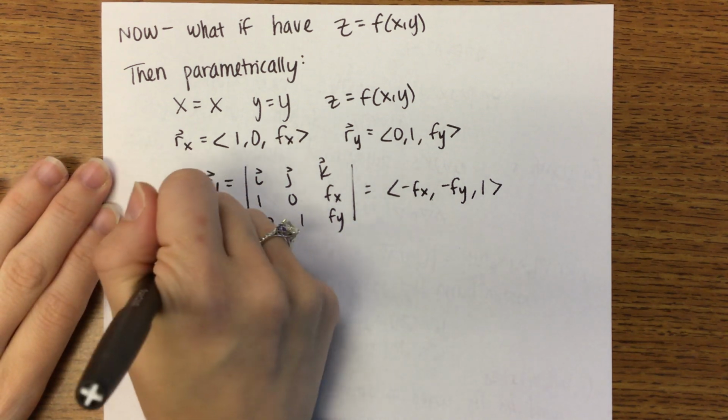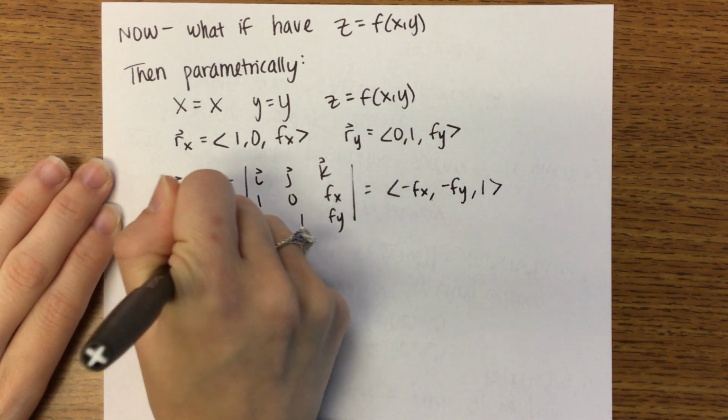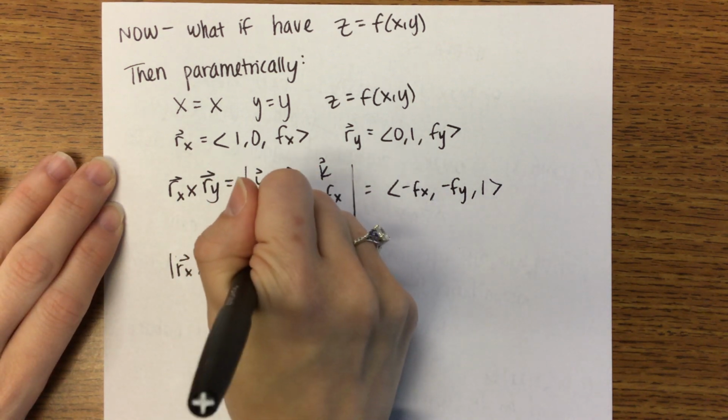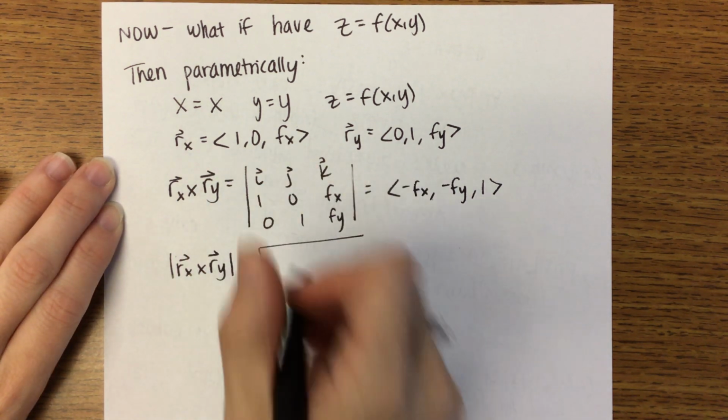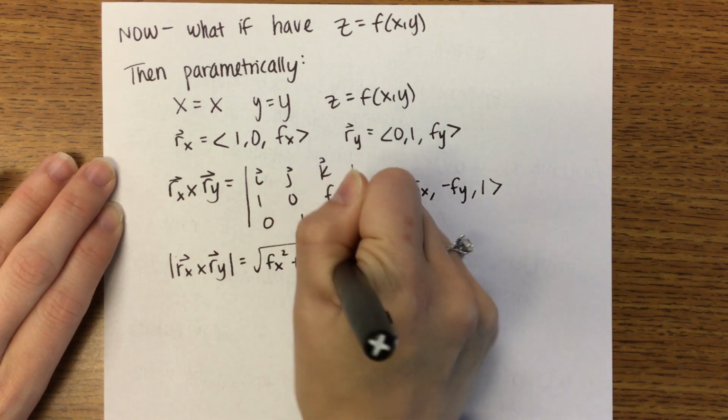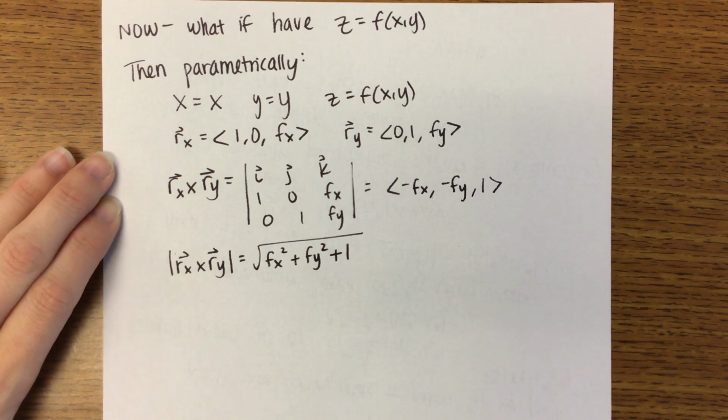Then we would have to take the magnitude, which would end up being the square root of partial with respect to x squared, add partial with respect to y squared, add 1.